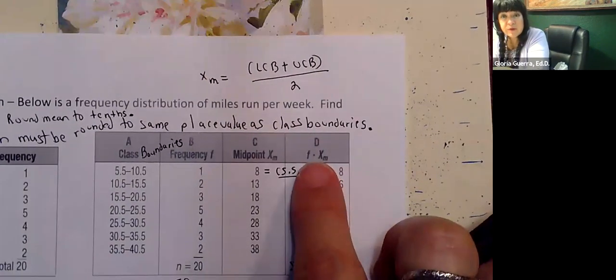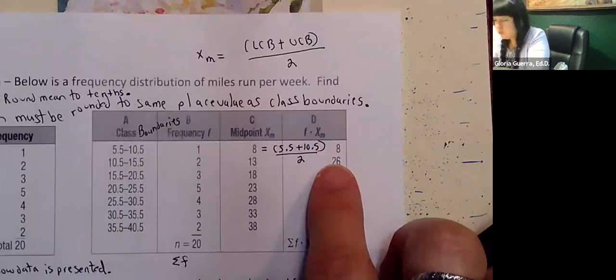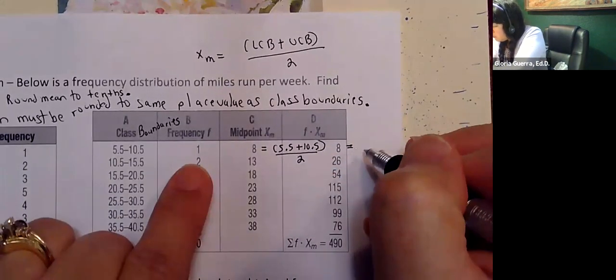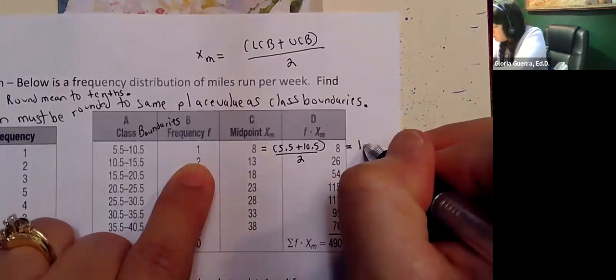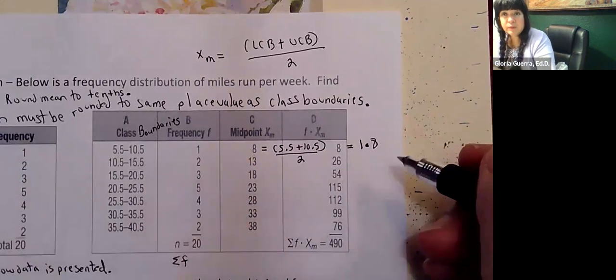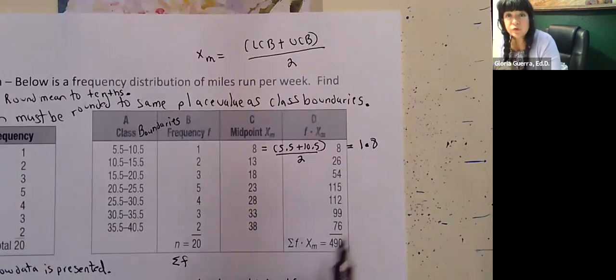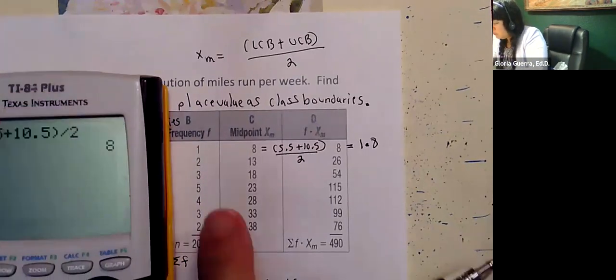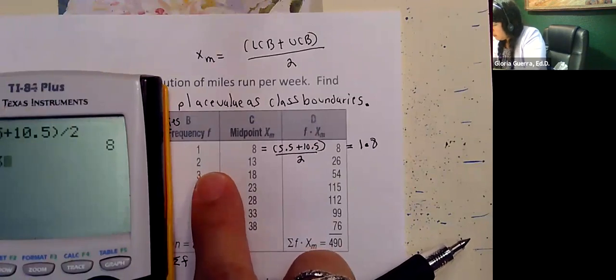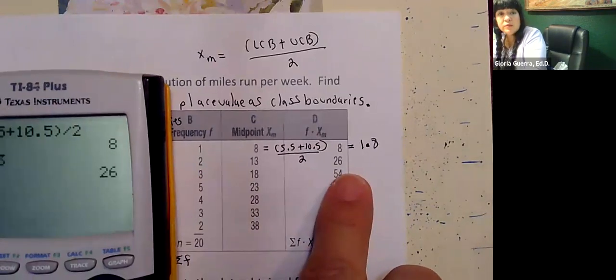See, f times xm. So again, we're going to show our work for the first one. They took 1 f times xm, 1 times 8. 1 times 8 is 8. So you always want to show the work for the first one. And then the others, you don't have to show that, but what they're doing is 2 times 13, and that gives them 26.